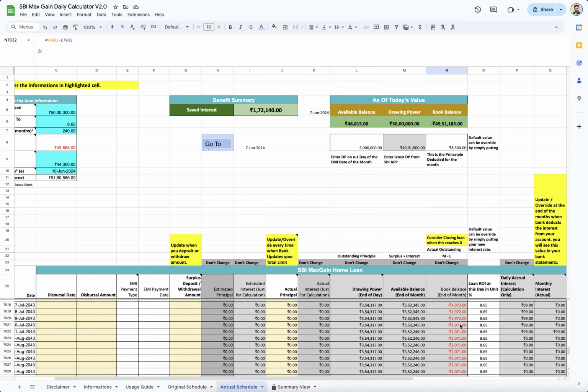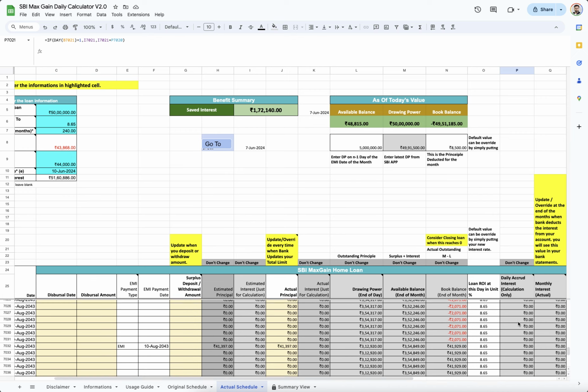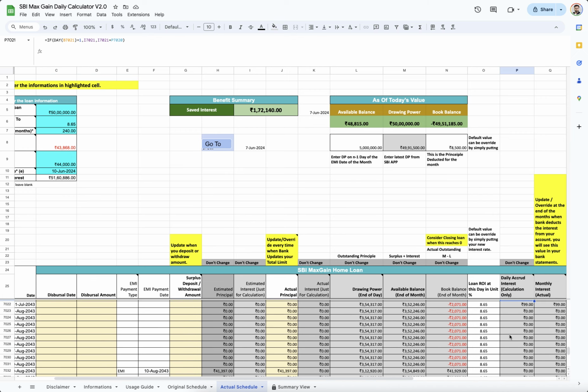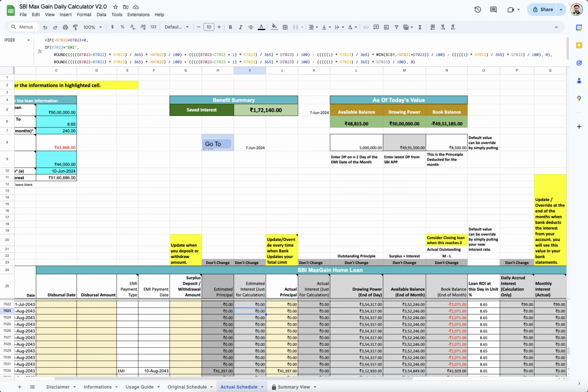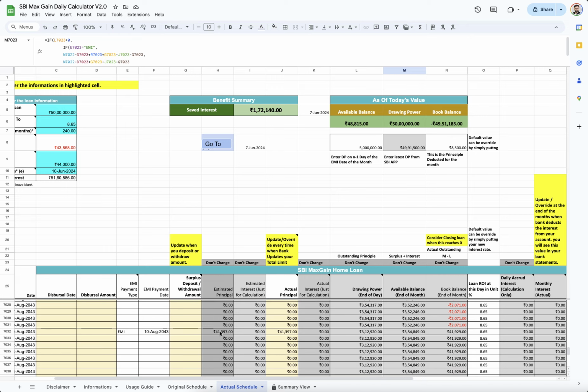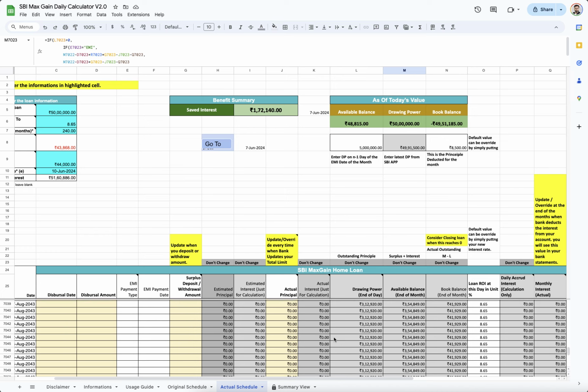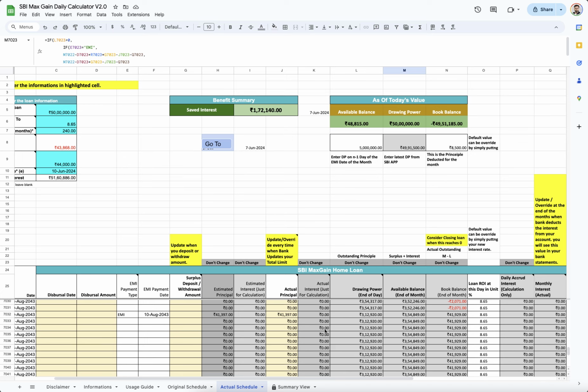Also you see the interest calculation is becoming almost zero here. So from here we are not paying any further interest to the bank. Your loan will still continue, but if you keep your parking amount as it is and pay the EMI as it is, you are not paying any interest to the bank.